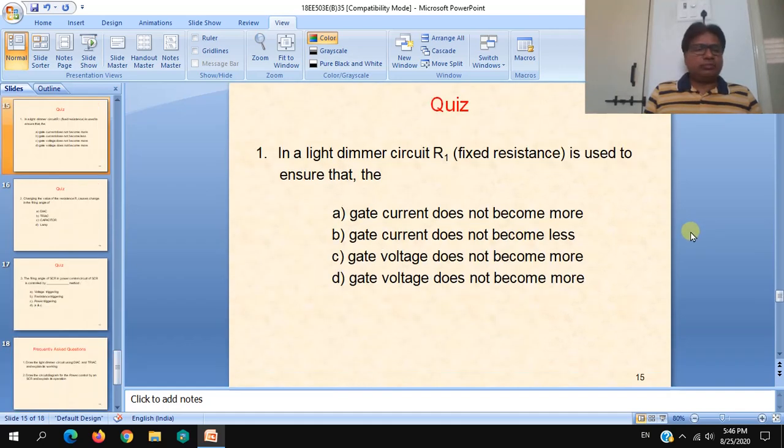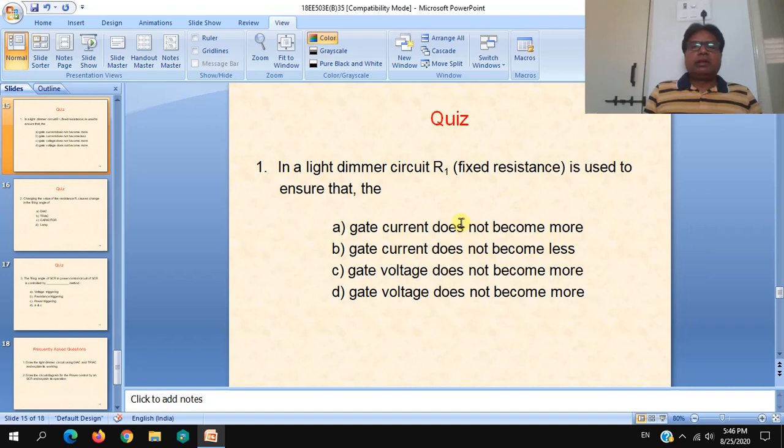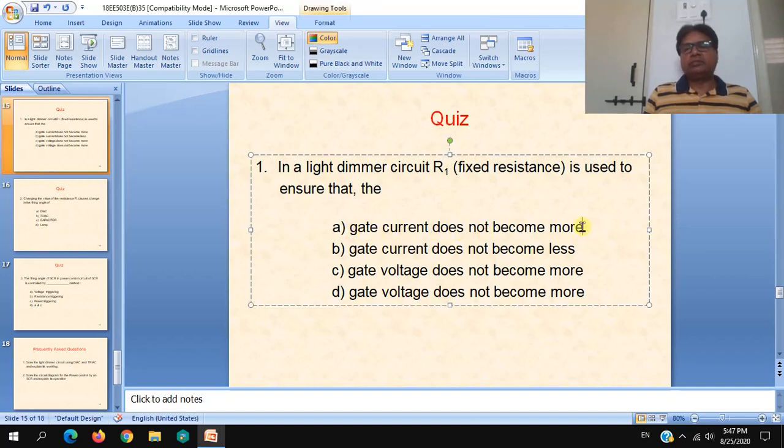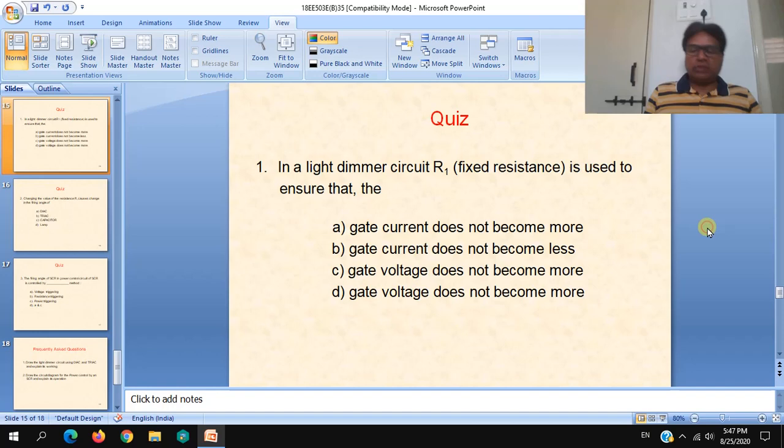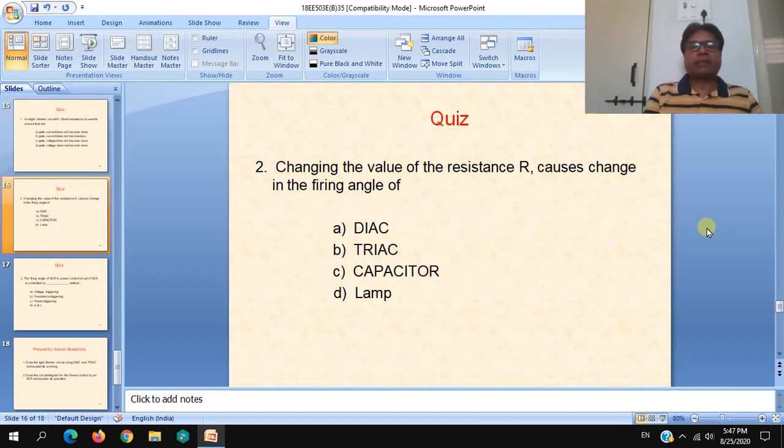And just to have a simple quiz: in a light dimmer circuit, R1, that is a fixed resistance, is used to ensure that the gate current does not become more than the actual rated current of the gate.